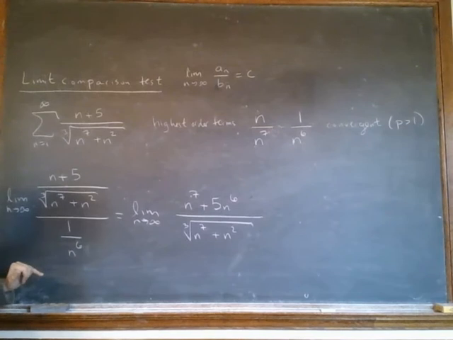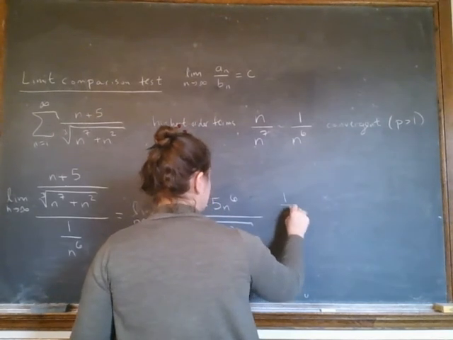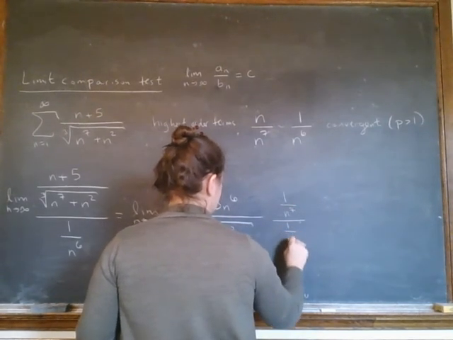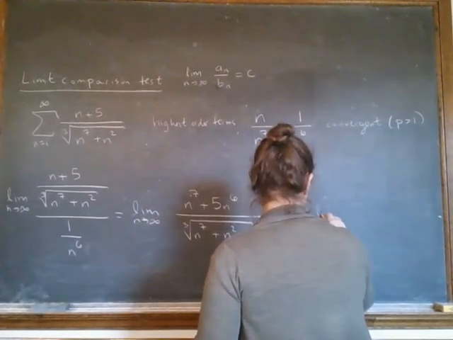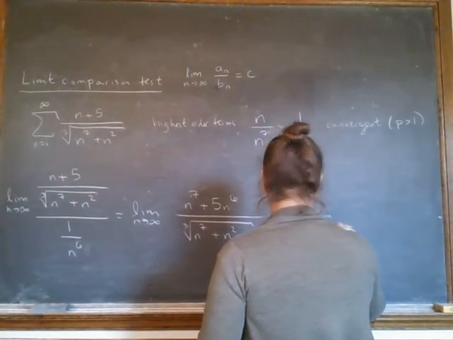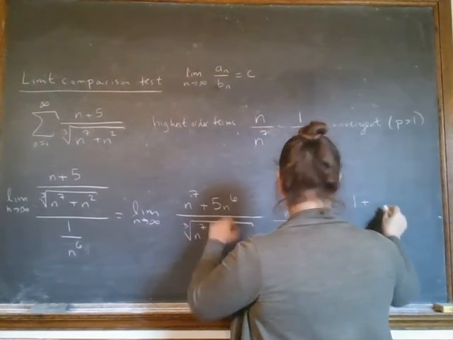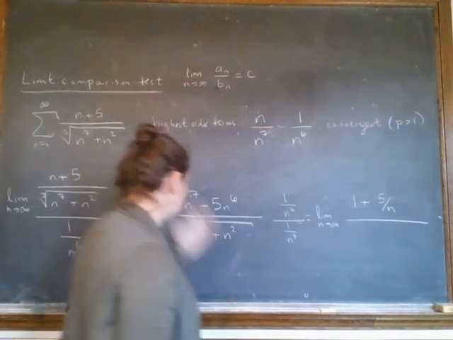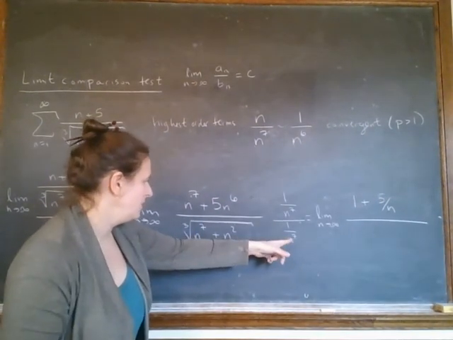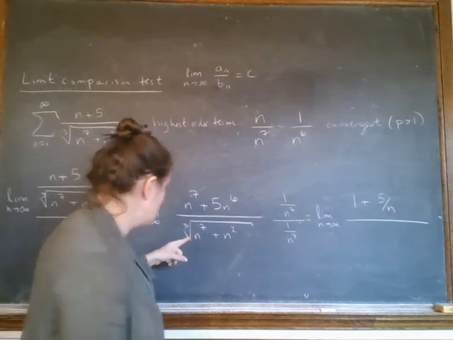And so if I divide top and bottom by n to the 7th, what am I going to get? In the top I have 1 plus 5 over n. And the bottom, okay, I'm going to take that into here.